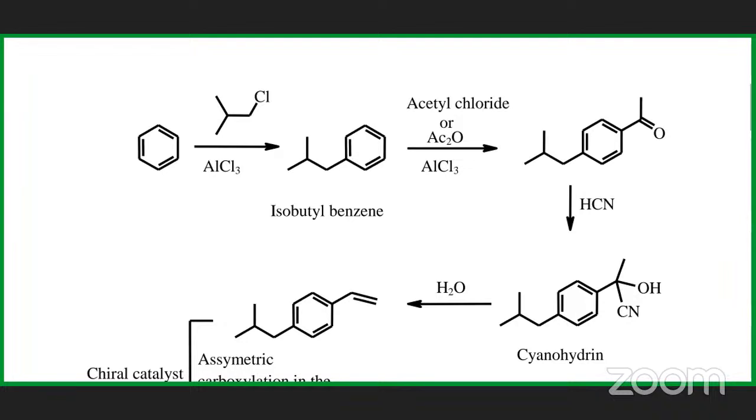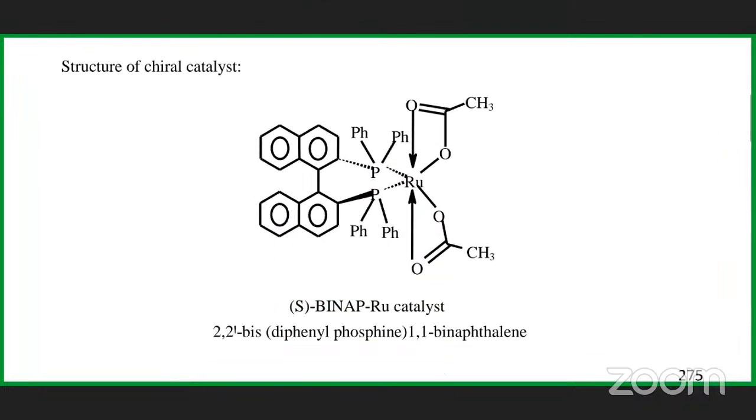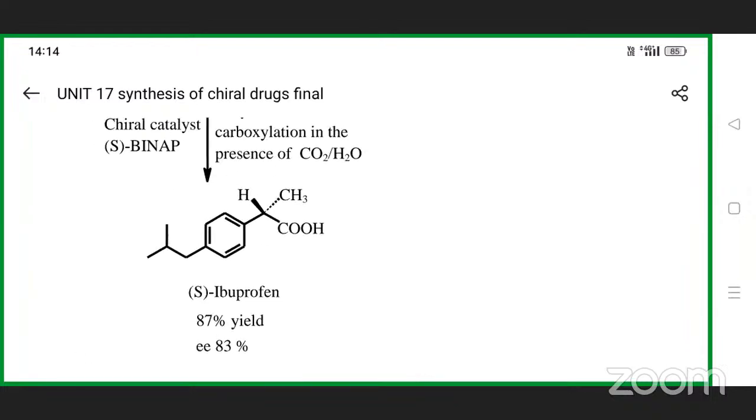To increase the gap between the two spots, you need to use highly polar solvents, and you have to manage the concentration here. What I am trying to say is that it is difficult to handle these chiral compounds. Okay, fine.